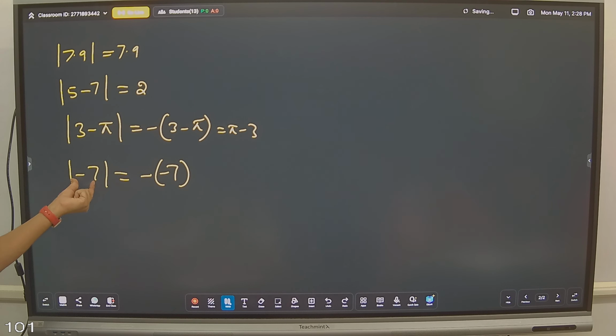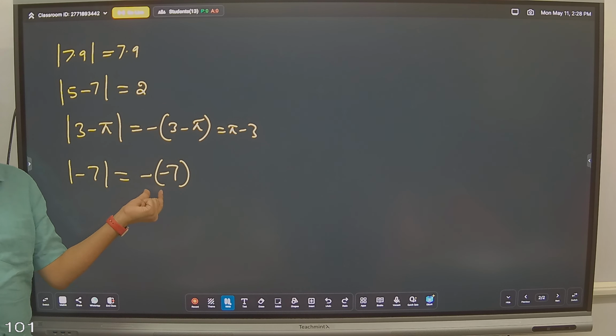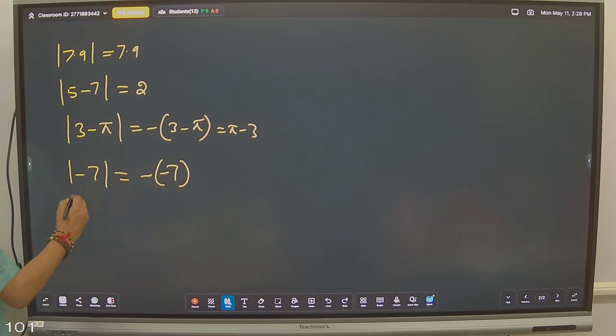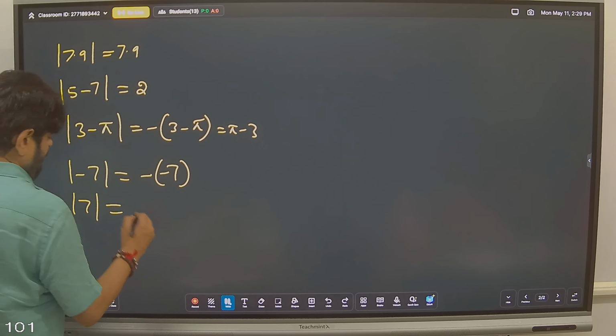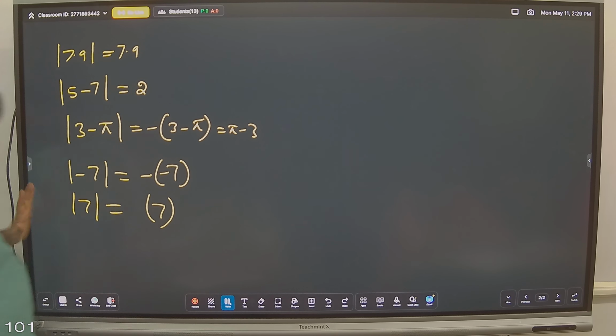If it's positive and you remove the mod, minus will not appear. Mod of 7 will simply be 7. That's all. If a positive quantity is inside the mod, you can remove the mod directly. But if a negative quantity is there and you remove the mod, a negative will come in front. Do you understand my point? Yes.